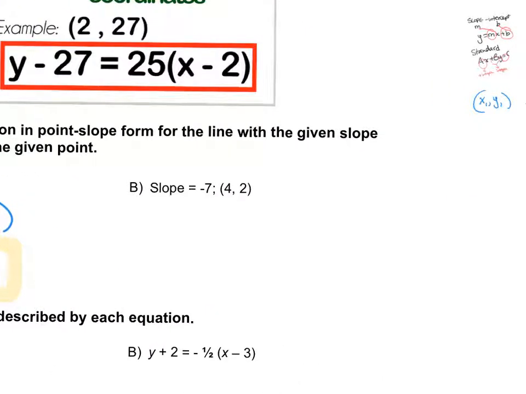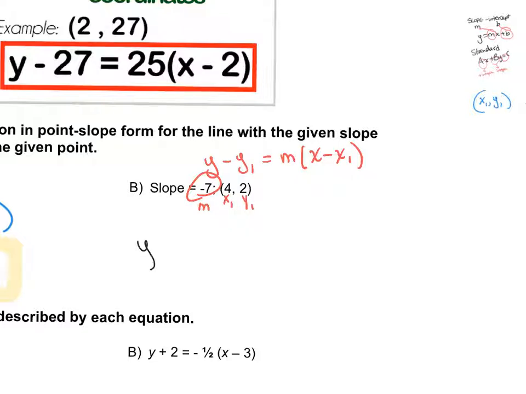They want us to write an equation in point slope form. So if I know that point slope form is y minus y1 is equal to m multiplied to x minus x1, then all you're going to do is replace the slope is m, x1 is 4, y1 is 2.